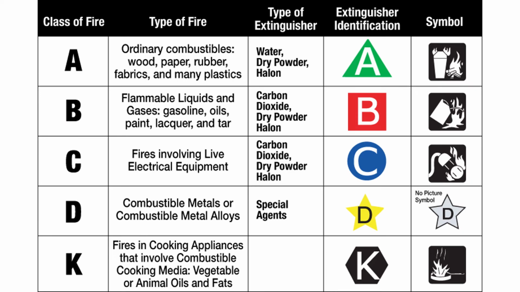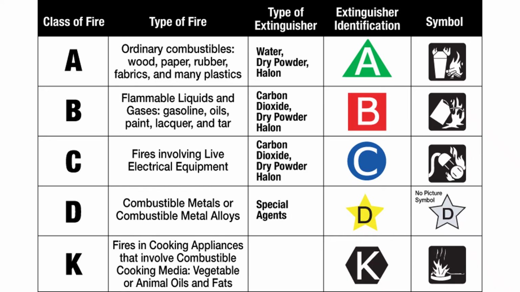Fires have been classified into four different classes. So that's class A, for ordinary combustible solid materials such as paper, wood, plastic, and fabric. For class B, that's flammable liquids or gases and combustible petroleum products.